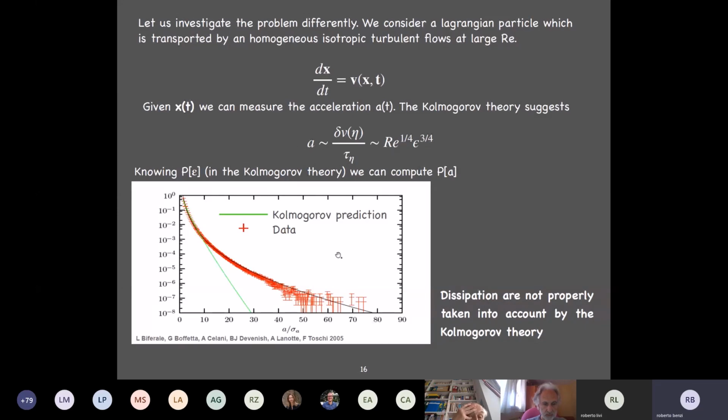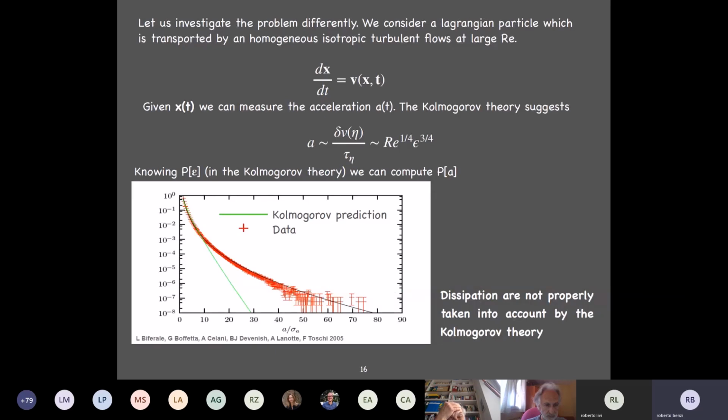As you can see here, the green line is what is obtained by the Kolmogorov theory, and the red dots correspond to what is observed, in this case in the numerical simulation. So it is clear that the Kolmogorov theory is not valid when you go to very, very small scales.